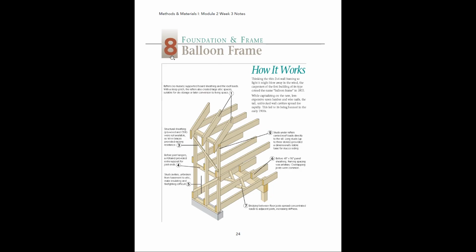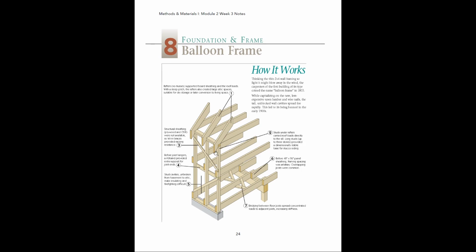Moving on here. So this is getting more into regular framing that you see with houses. This is an example of a balloon frame, and the reason they call it a balloon frame is because it's kind of flimsy and lightweight, and they compared it back in the day to a balloon, saying it could just blow away.